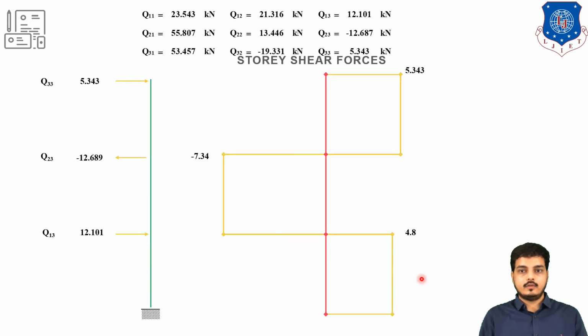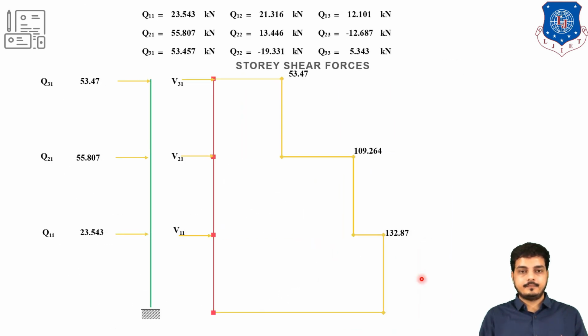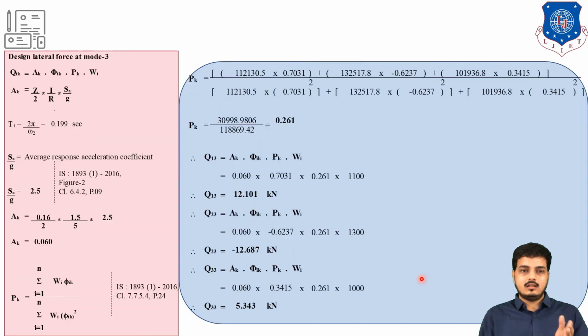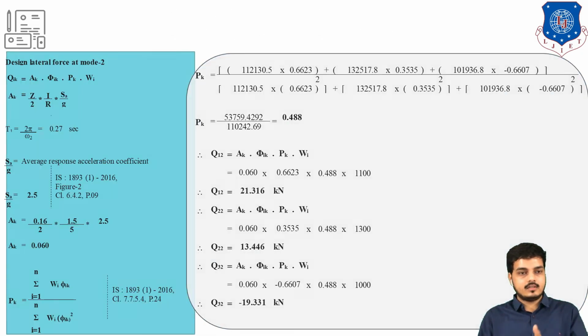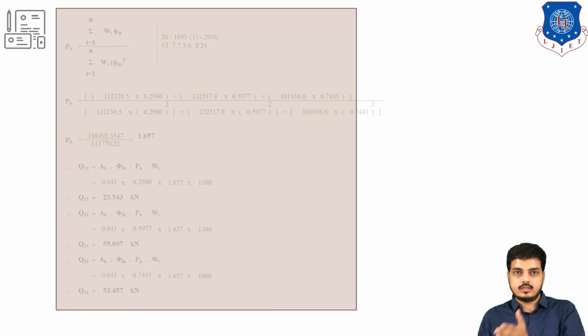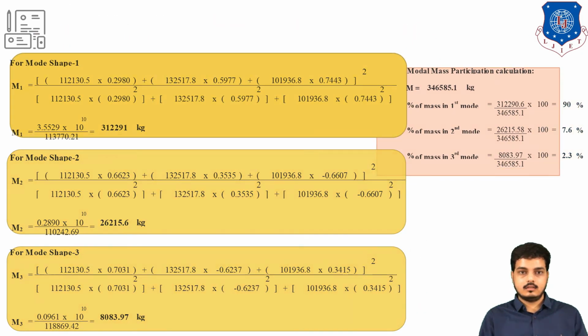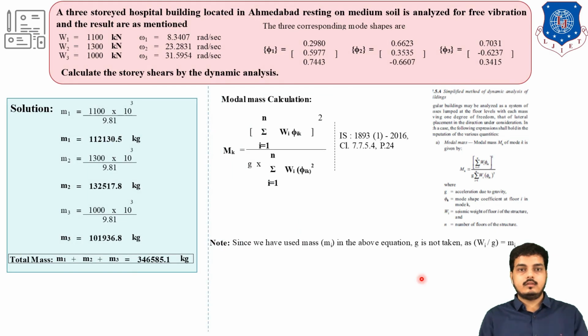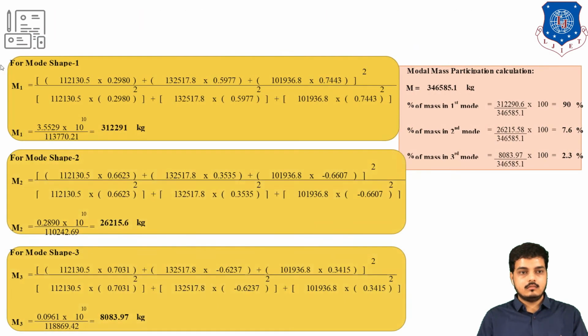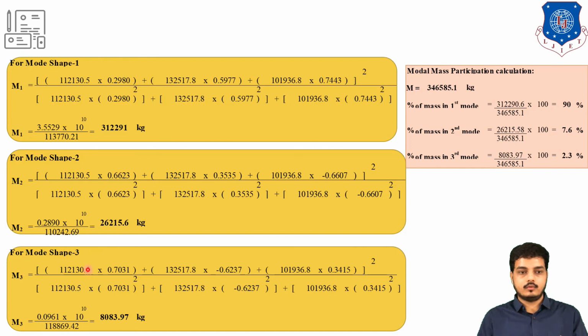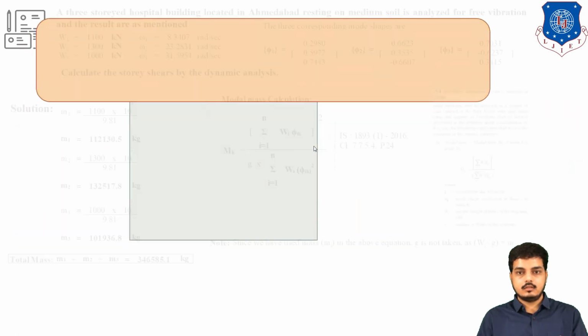Let's have a look at what we did till here. It's a common process in each of the steps for mode shape 1, mode shape 2 and mode shape 3. Only 2 or 3 equations, but a lengthy process. So here it was a given question. In that we found out the masses, and with the help of this equation we found out the mode shapes for 1, 2 and 3, and the modal participation.